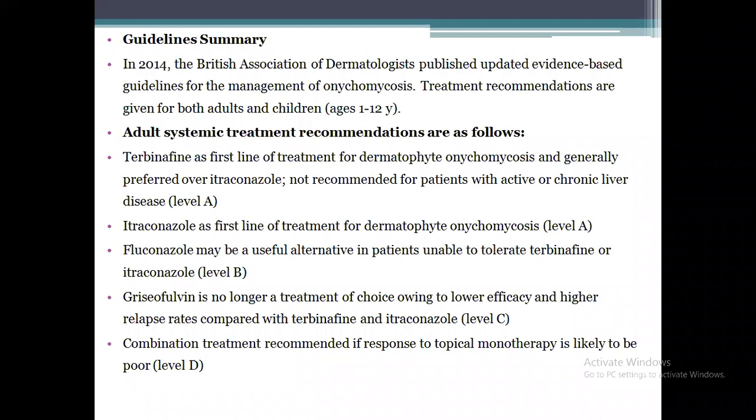Itraconazole as a first line of treatment for dermatophyte onychomycosis is also another option. Fluconazole can be an alternative medication, and griseofulvin also is another option, but due to high relapse rate, it is not used anymore. Combination of treatment is recommended if response to topical monotherapy is likely to be poor.